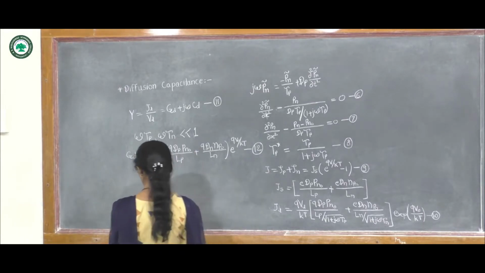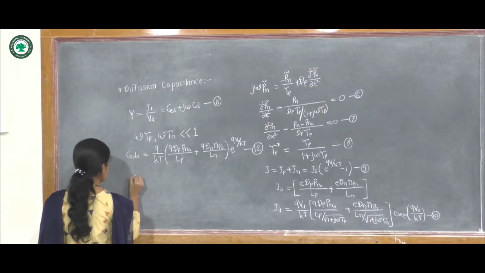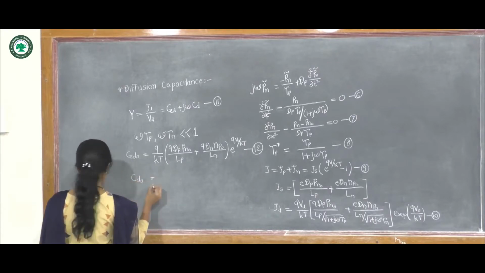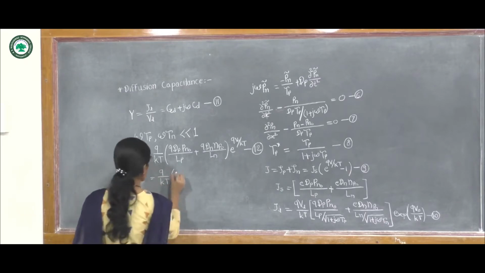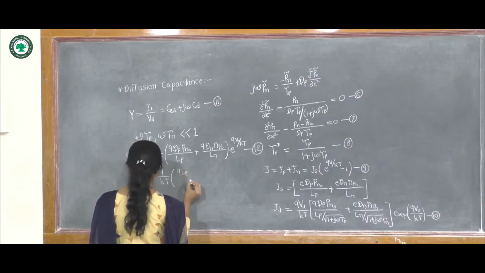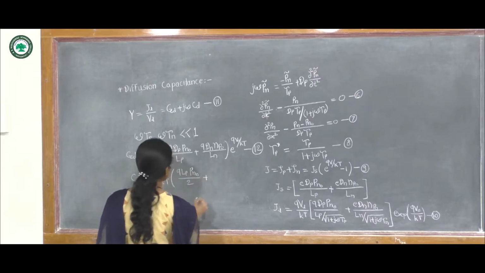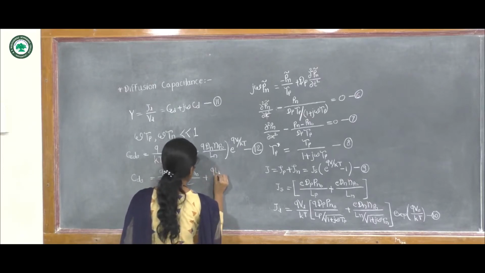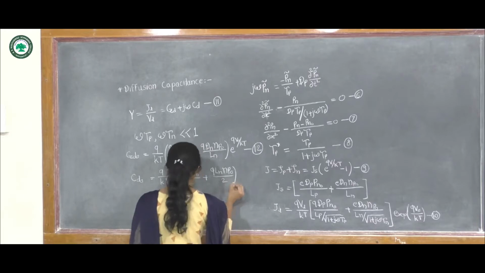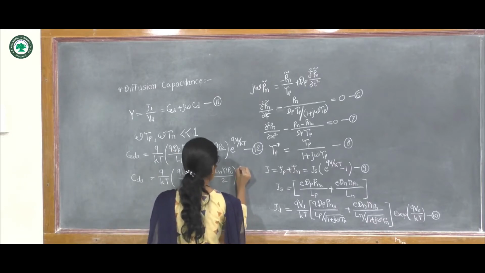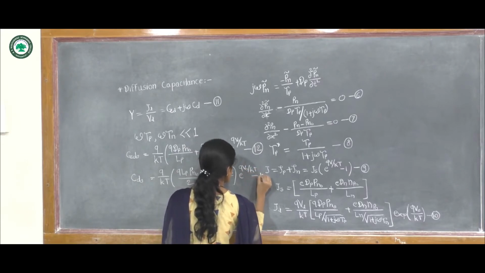The low frequency diffusion capacitance is given by CD0 = (q/kT)[q Lp Pn0/2 + q Ln Np0/2] e^(qV0/kT). This is equation number 13.